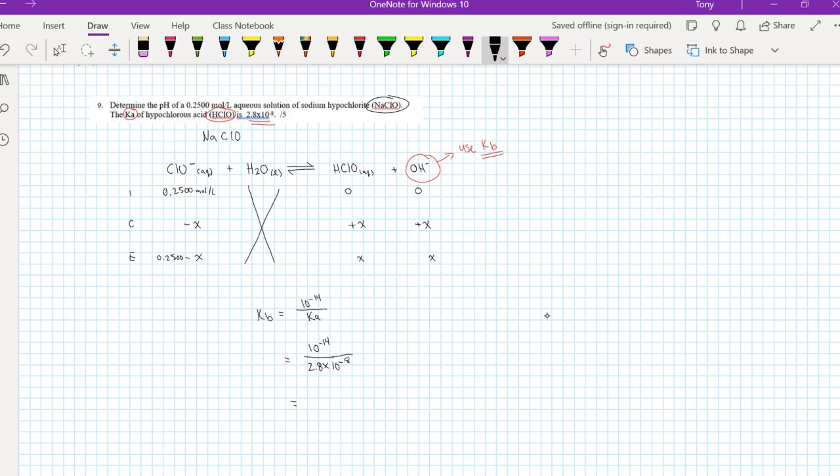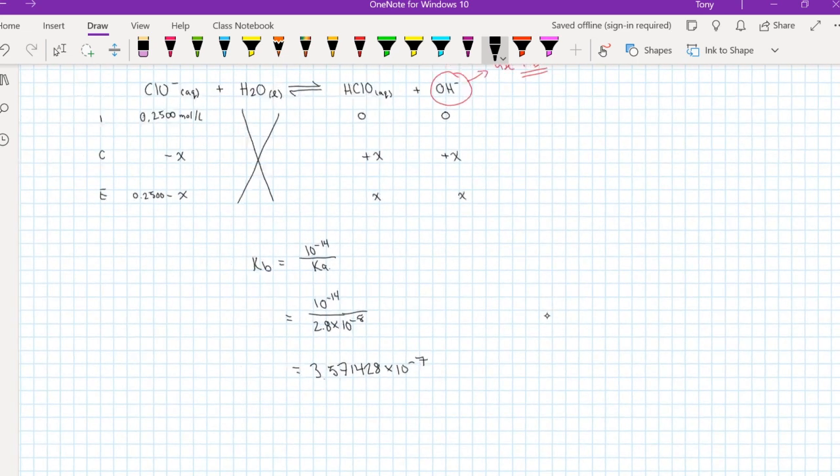And if we calculate this, we're going to get the value of the Kb. And so you'll get something like this, 3.571428 times 10 to the power of negative 7. That is going to be our Kb value.